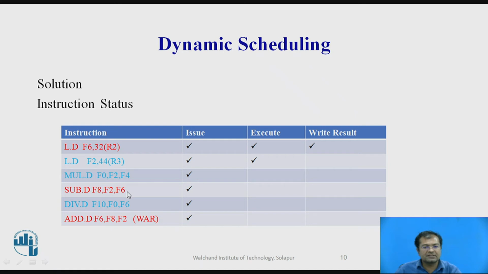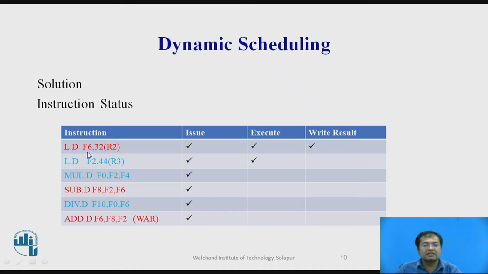This F6 is the result which is already available because the first instruction has been executed. As soon as the operand field of this instruction has the result, then after the load, the next immediate instruction that is supposed to execute is the subtract.